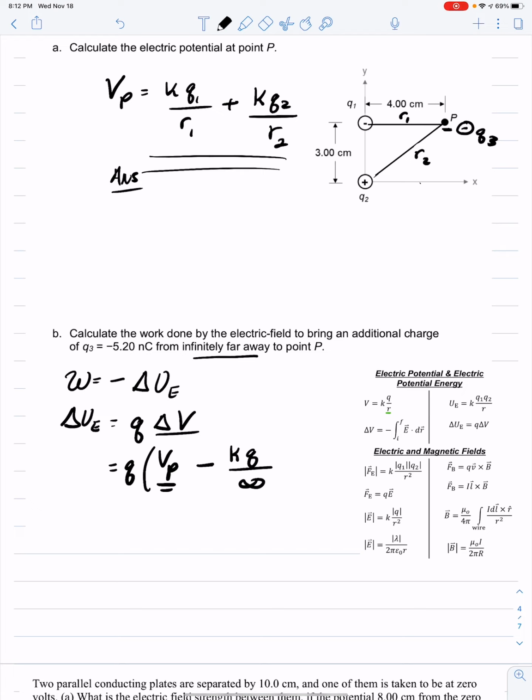Because it's infinitely far away, this would go to 0, and all you have left is the electric potential at point P. So now all you have to do is multiply the charge that was given, charge 3, times the electric potential at point P, and you get the change in potential energy. But you're not done. You still have to find the work. And the work is negative the change in potential energy.